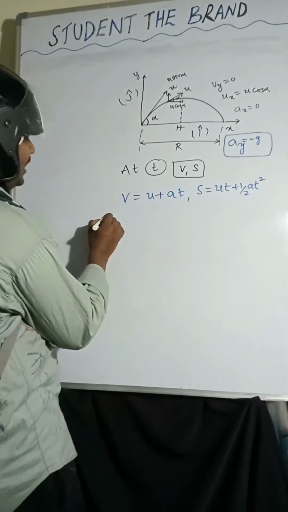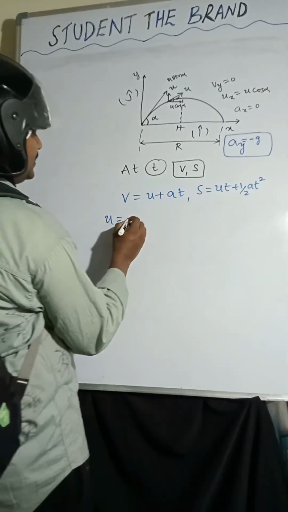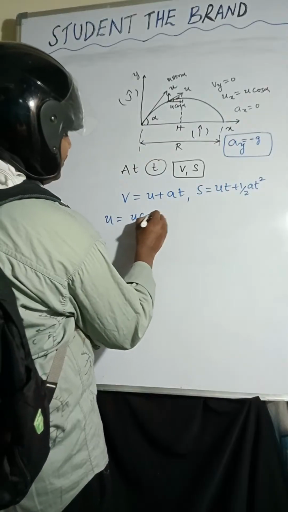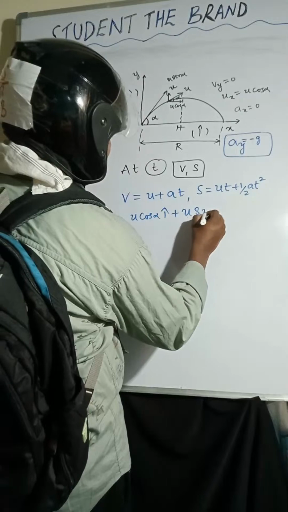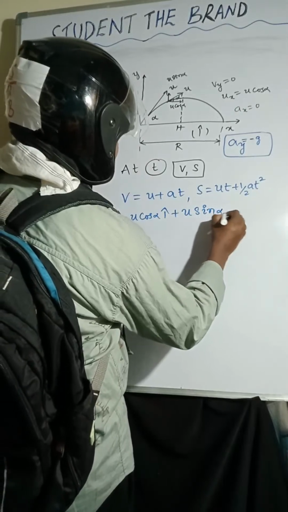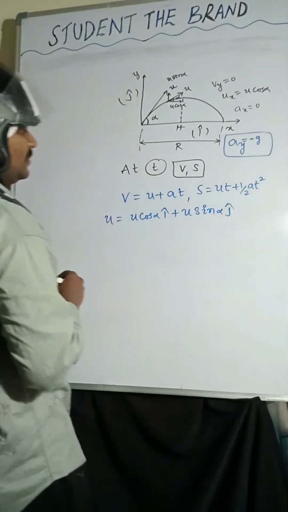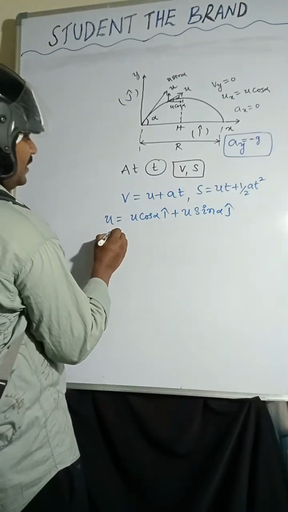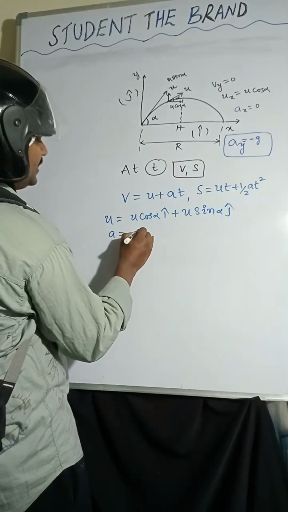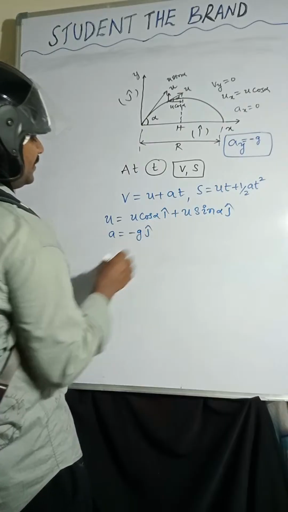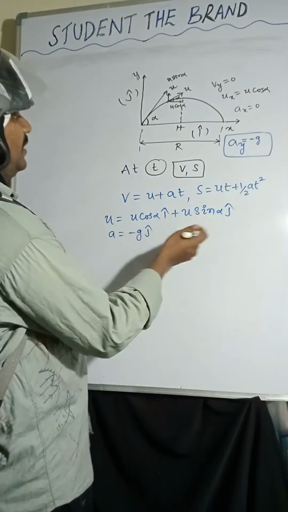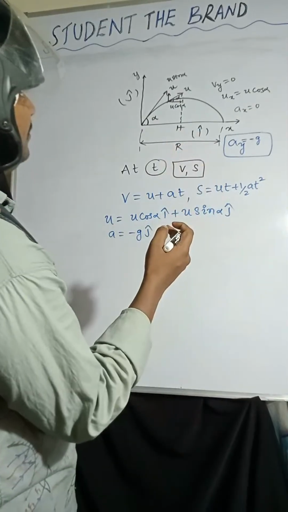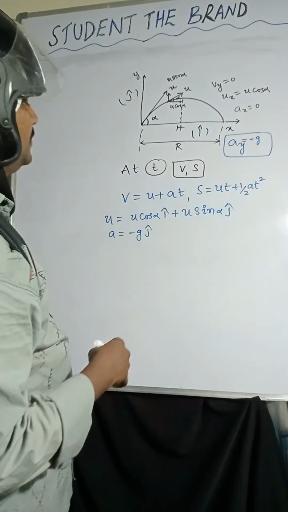Here the u value is u cos alpha i cap plus u sin alpha j cap, and the a value is minus g j cap. Anyway, only the vertical component will be there, the horizontal component will become 0.